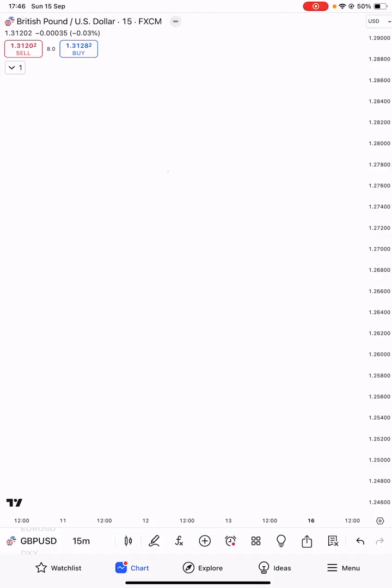Now, the 1 a.m. candle, you can trade it on whichever pair you want. I don't suggest indices, because obviously they are more active towards the New York session, but on Forex it works perfectly.